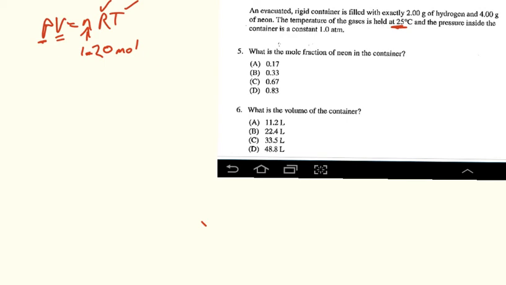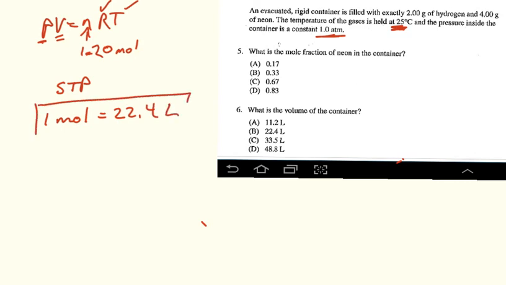But the thing I think they're relying on here is this understanding that if it's at STP, which is standard temperature and pressure, which it is here, at 1 atmosphere and 25 degrees Celsius, 1 mole is equal to 22.4 liters of gas. That's a definition. We don't use it much because we're rarely at STP, but we are here.